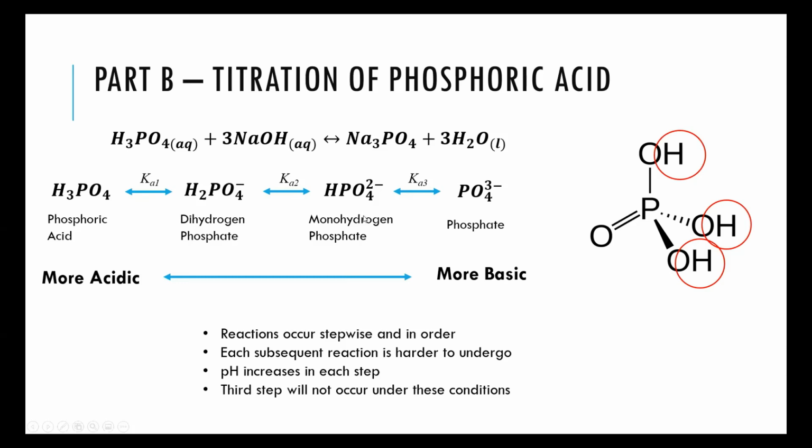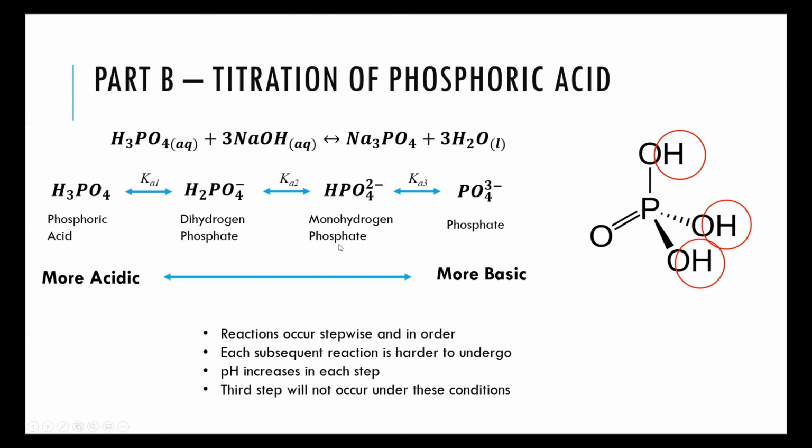So in the past, where you've seen a titration curve that only has before the equivalence point and then after the equivalence point, this is a diprotic curve. There are going to be two Ka values from it. Phosphoric acid turning into dihydrogen phosphate, and then dihydrogen phosphate turning into monohydrogen phosphate.